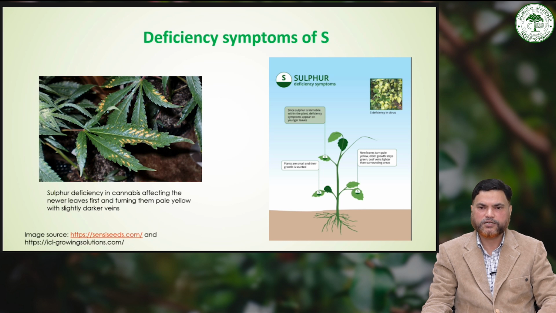This contrasts with nitrogen deficiency, which primarily affects older leaves. This distinction arises because sulfur, unlike nitrogen, is not readily remobilized to younger leaves in most species.